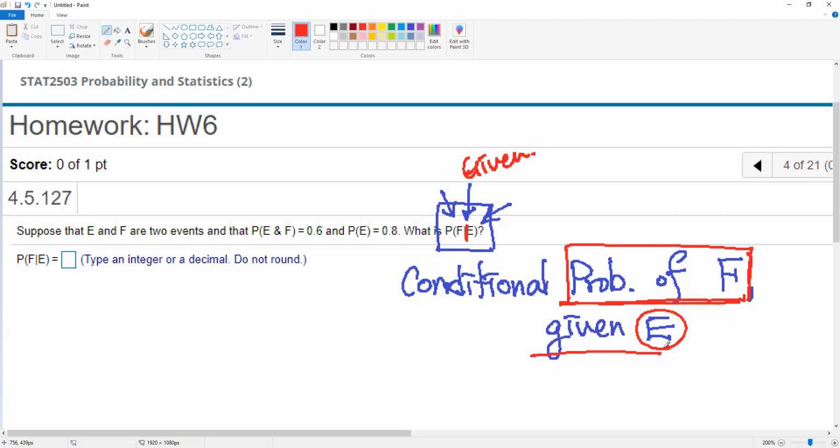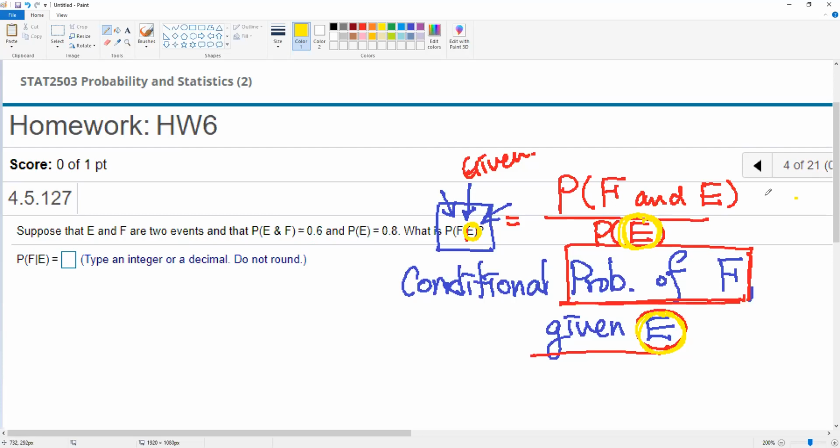F given E will be the same as the joint probability of F and E divided by the probability of the given event. So please make sure who was given. Who was given must be in the denominator at the bottom.